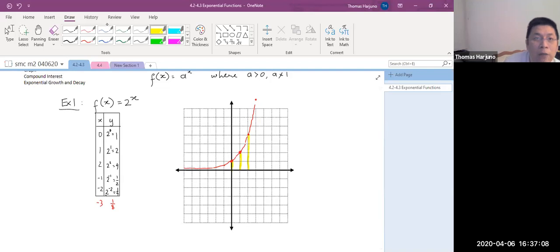Notice that every time we move 1 unit to the right, we multiply the previous value by 2. 1 multiplied by 2 gives you 2, multiplied by 2 gives you 4, multiplied by 2 gives you 8, and so on and so forth. Do you see that?